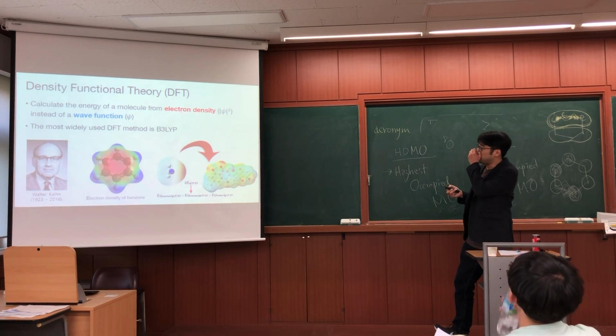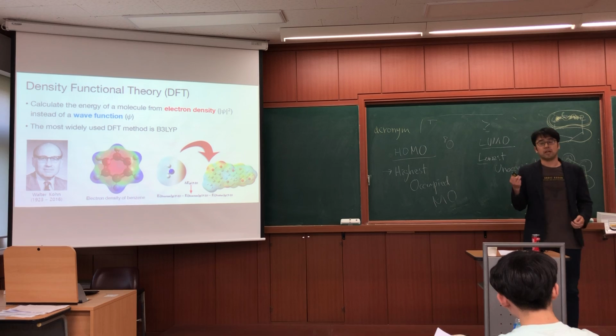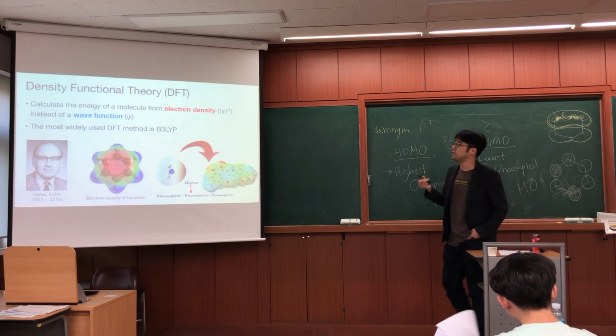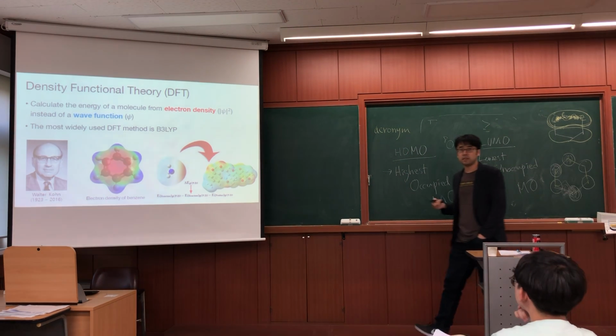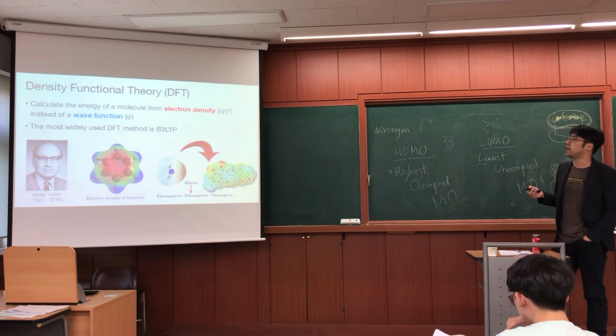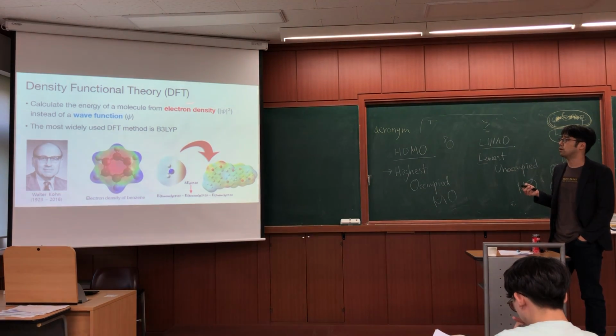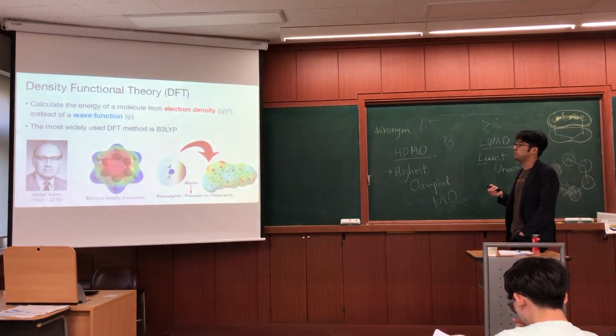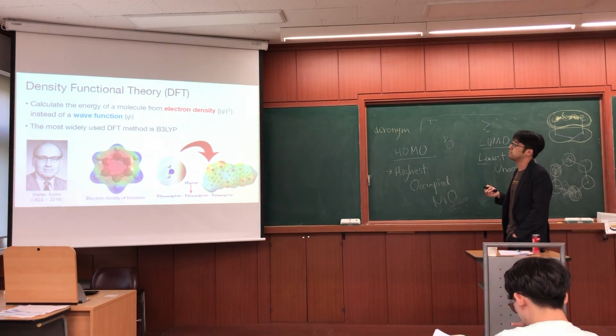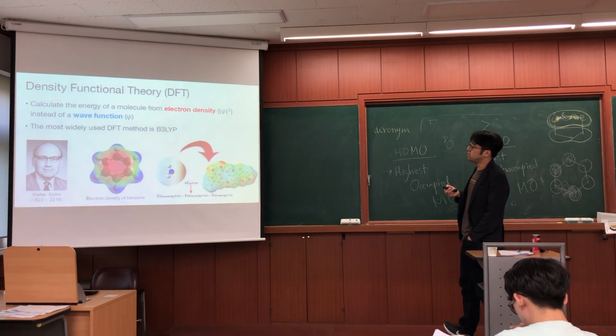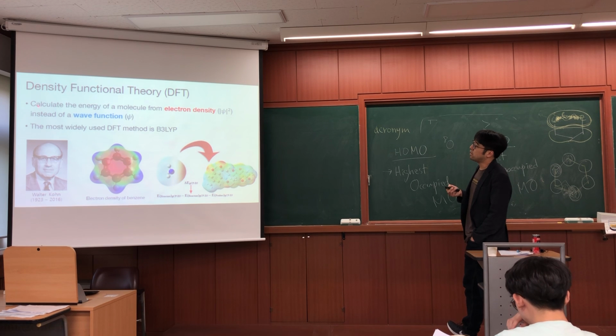And the next one is called, so we've talked about the Hartree-Fock calculation, in short, HF calculations. But these days, there are different types of calculation instead of Hartree-Fock calculation. That's called density functional theory, in short, DFT. DFT calculates the energy of a molecule from the electron density. So what is electron density?